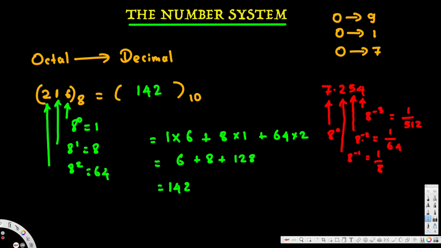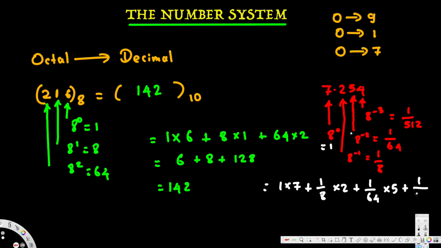Okay, so this is where we are right now. Now let's go ahead and convert. Let's use a different color. Let's add the numbers. First we have 8 power 0, which is equal to 1, so 1 times 7, plus 1 over 8 times 2, plus 1 over 64 times 5, plus 1 over 512 times 4.